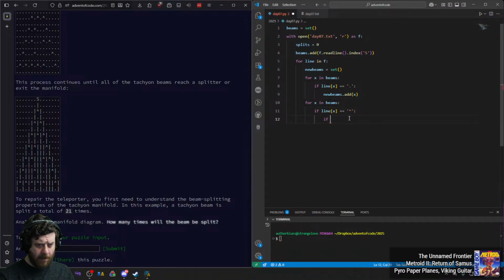Line x, then I just need to check to the left and the right for nx in x minus 1 and x plus 1.